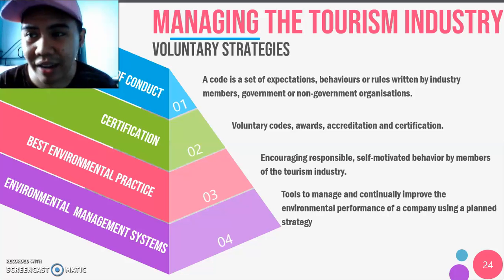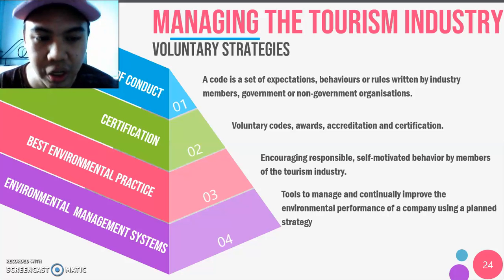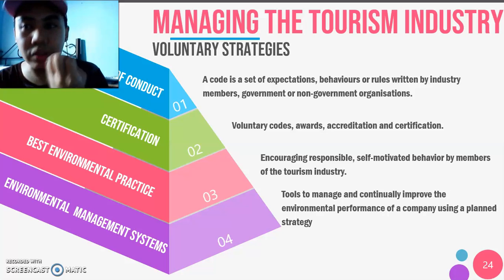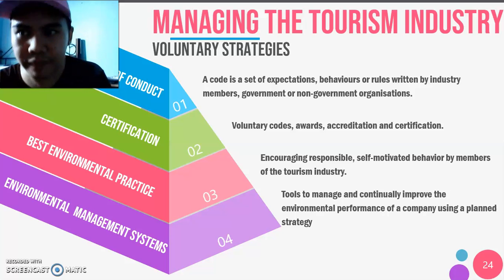This kind of thing is a tool to manage and continually improve environmental performance. These tools, you can use them or you cannot use them, but it's better if you use the tool in order to enhance and protect the environment.